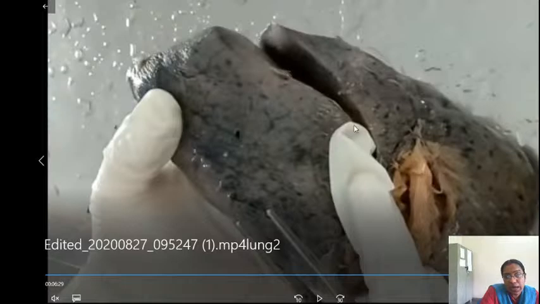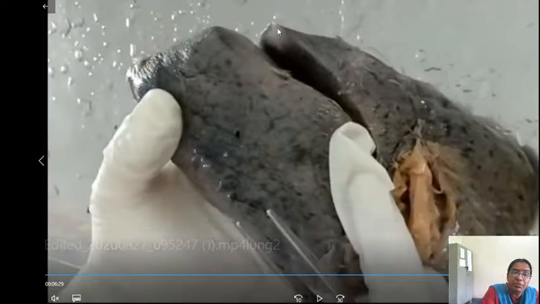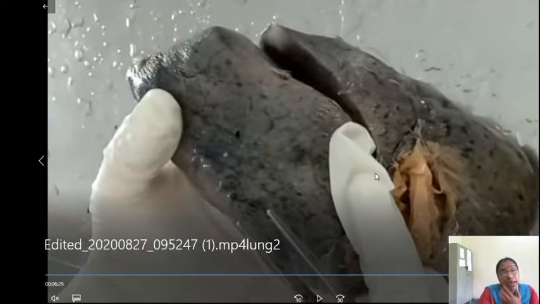So this is a fissure which cuts the whole of the lung except the hilum. It extends about 6 centimeters below the apex up to the inferior border. It cuts the whole of the lung tissue except the hilar tissue, dividing the left lung into two lobes, superior and inferior.